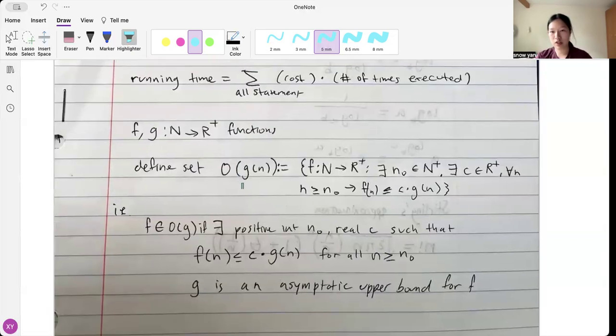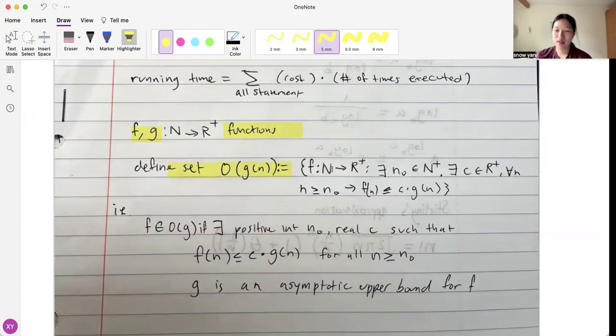These are just some notation, the formal notation for showing big O of n. Basically, f and g are functions, and we define the set O of g of n. We write O of g of n equals, but in reality it's a set, right?